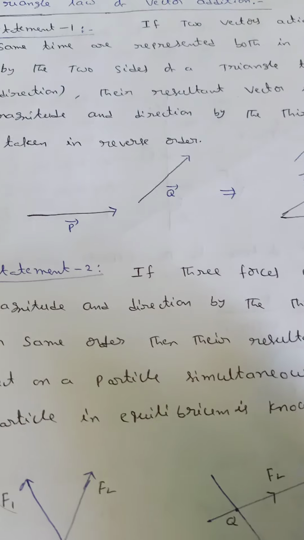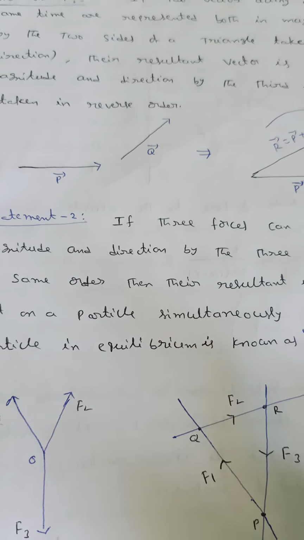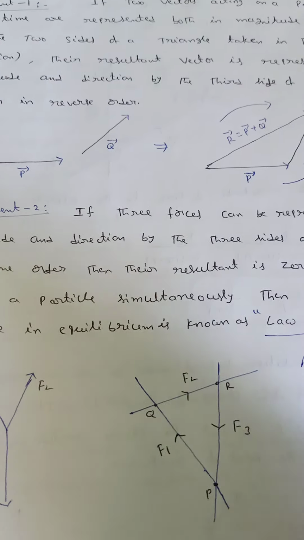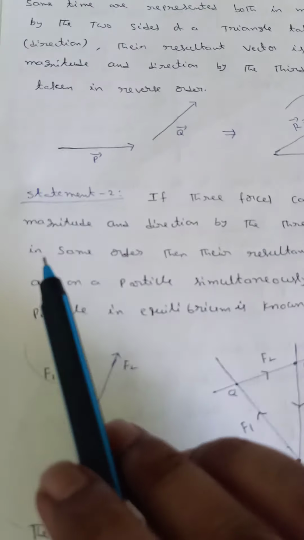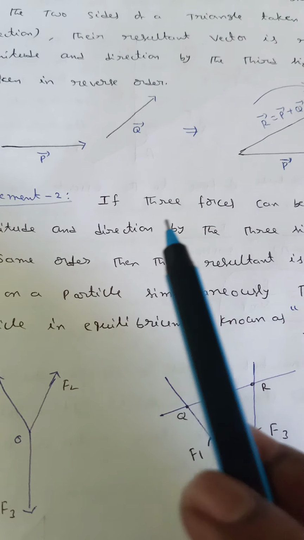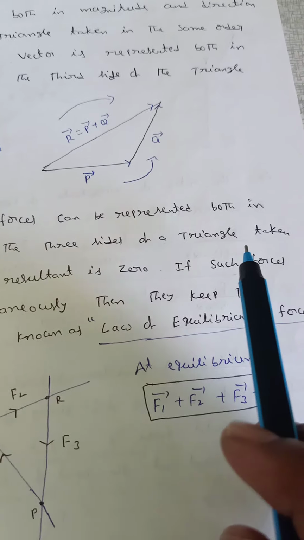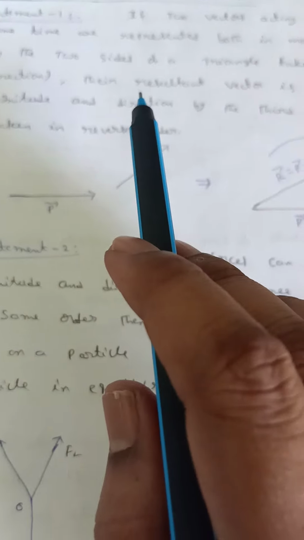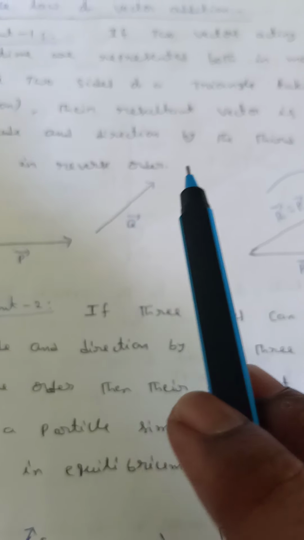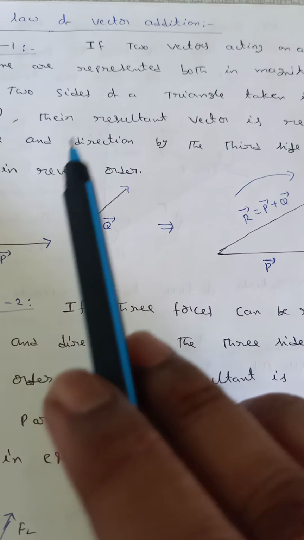And the second statement is known as the law of equilibrium of forces. That means if three forces can be represented both in magnitude and direction by the three sides of a triangle taken in the same order, but in statement one, two vectors are taken in the same order and the third side in reverse order.